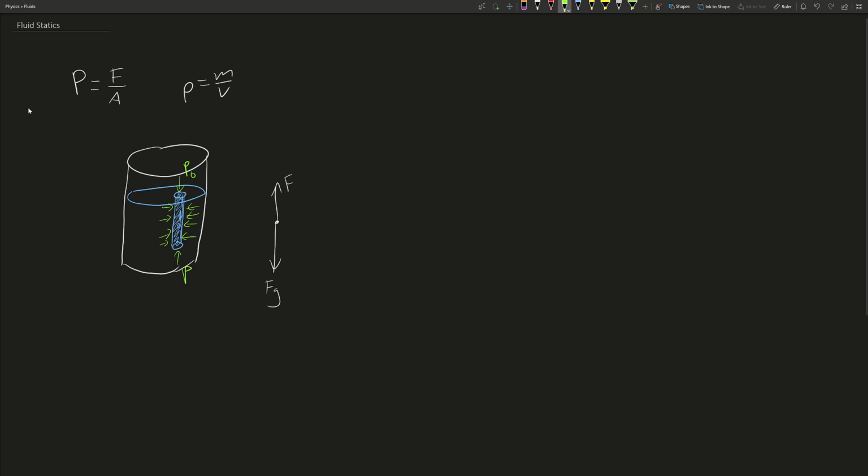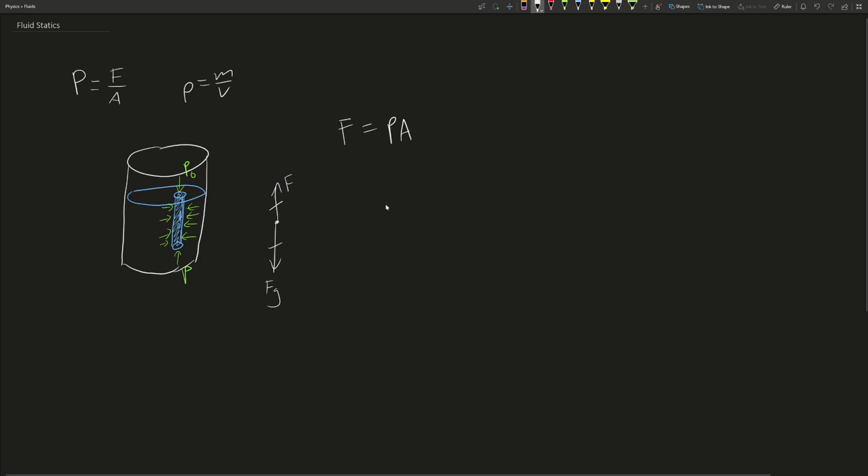Since we know that pressure is equal to force over area, the force that pressure over an area causes is just force equal to pressure times area. Now we want this force to be equal in magnitude to the gravitational force. So we want this net force here, which is the difference between the force caused by the pressure at the bottom and the top, to be equal to the weight of this column of water.